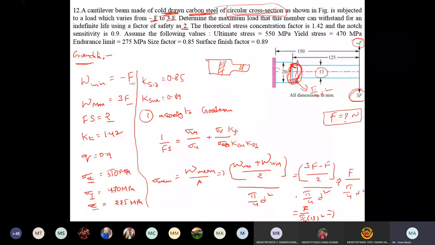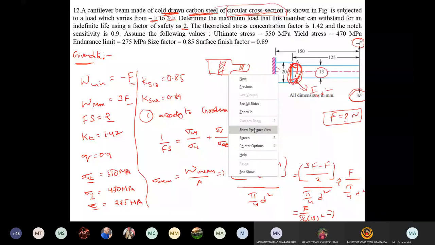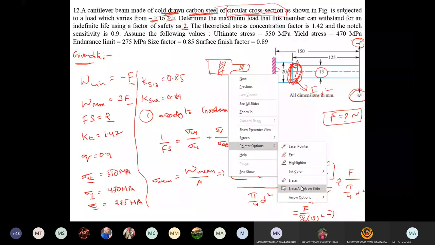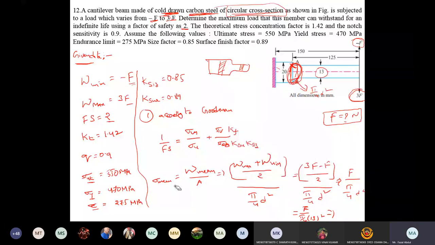Wait, how did you calculate? Wait a minute, there is a modification. Let me explain.